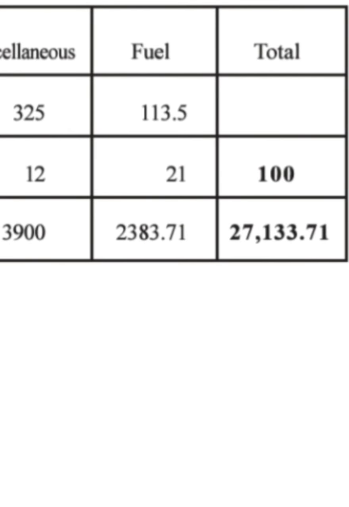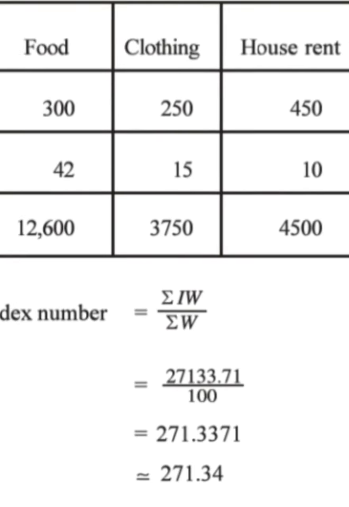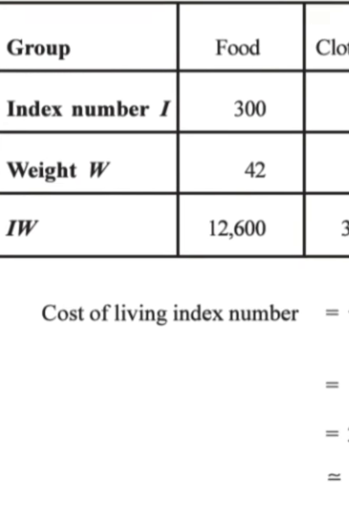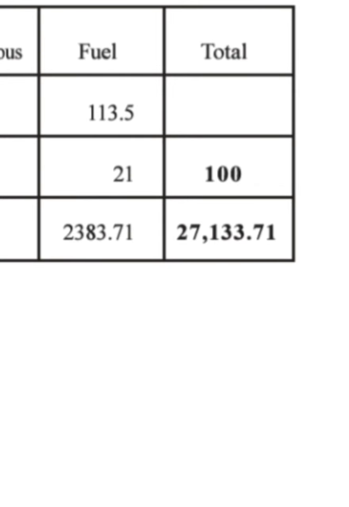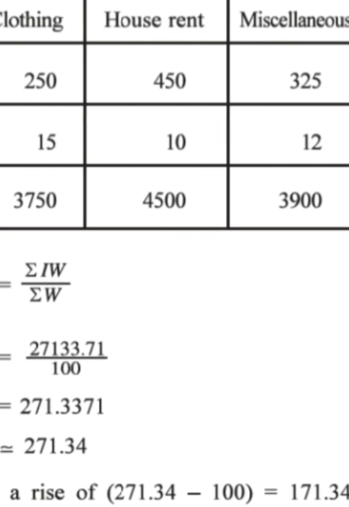For fuel, 113.5 multiplied by 21 gives 2383.5. Adding these, the total sigma IW is 27,133.71.